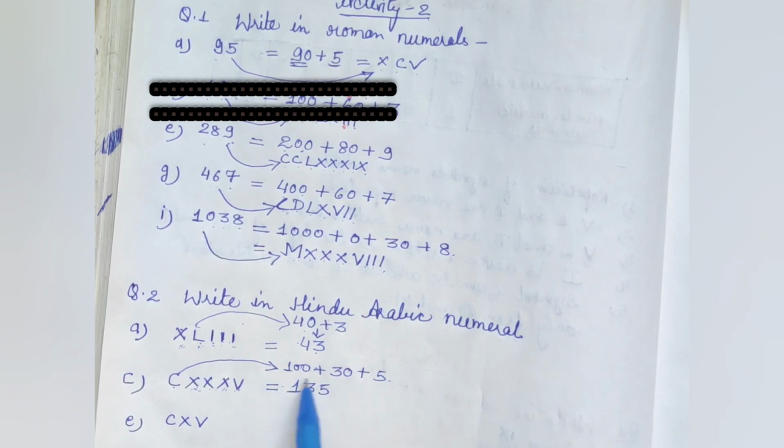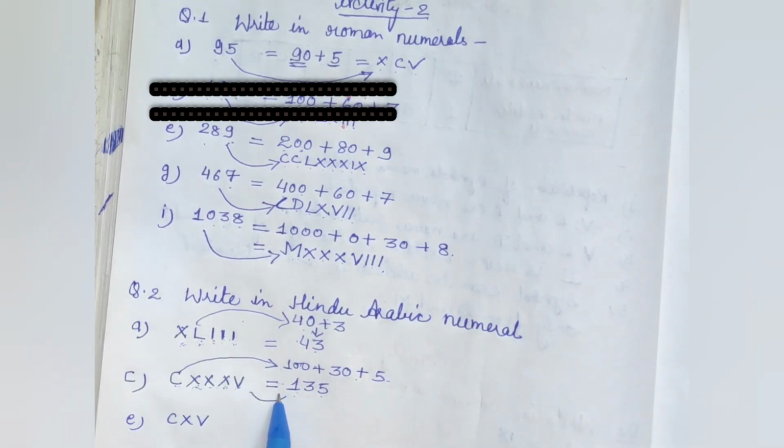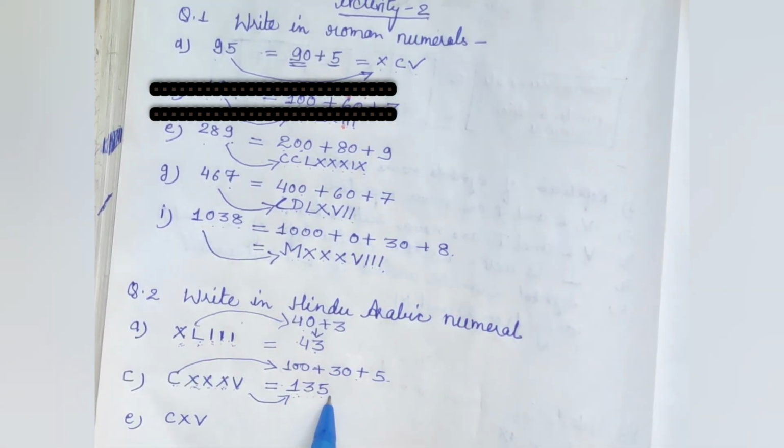We add these 3 and we get 135, or we can say the value of CXXXV is 135.